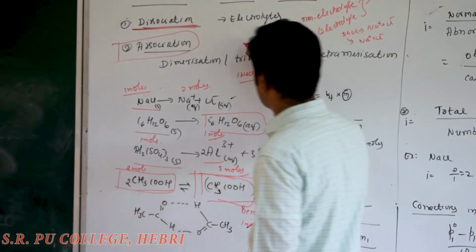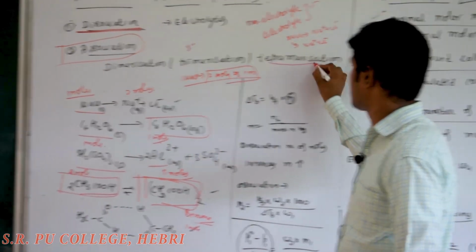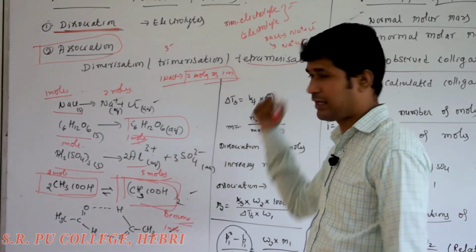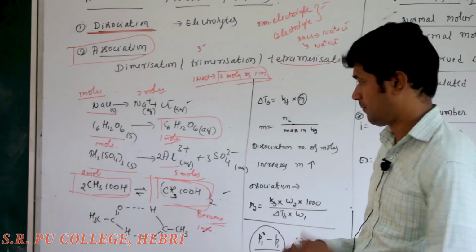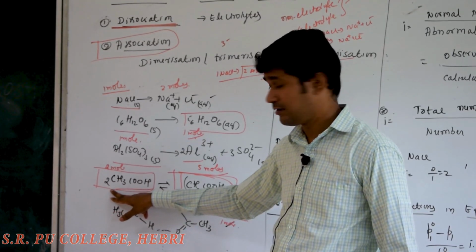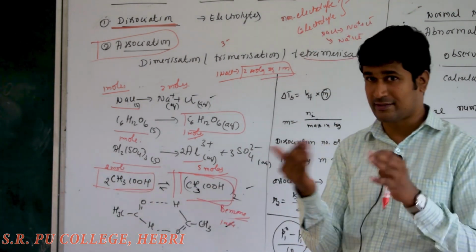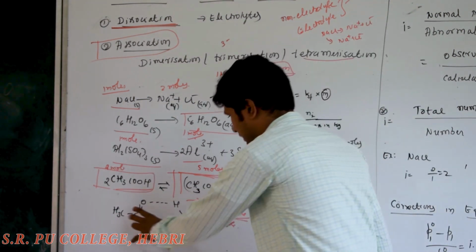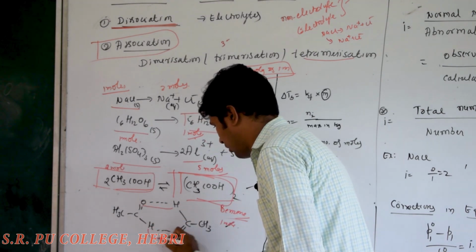Trimerization means 3 moles associate to give 1 particle. Tetramerization means 4 moles associate to give 1 particle, or 1 molecule, or 1 mole. If I take 2 molecules of acetic acid in benzene, what happens? These acetic acid molecules associate through hydrogen bonding like this. Hydrogen bonding is formed between the hydrogen and oxygen.